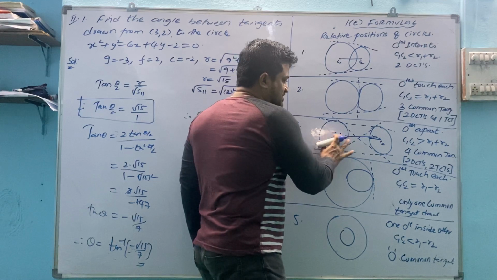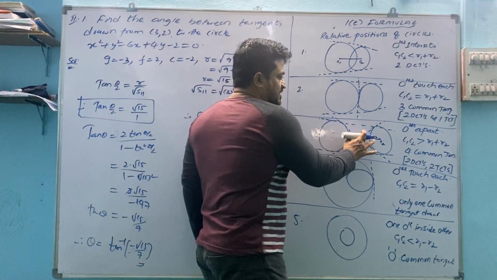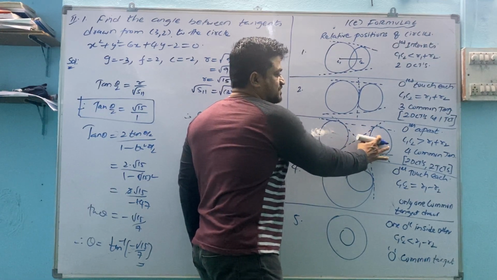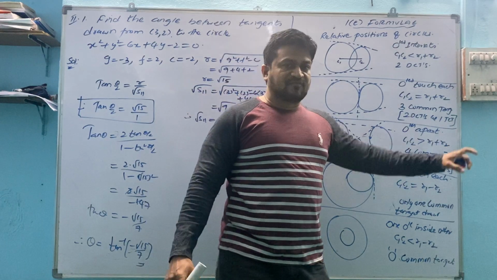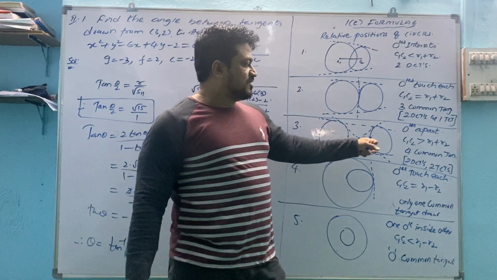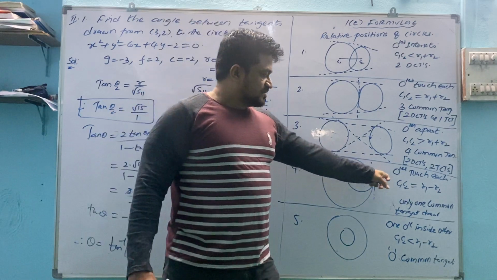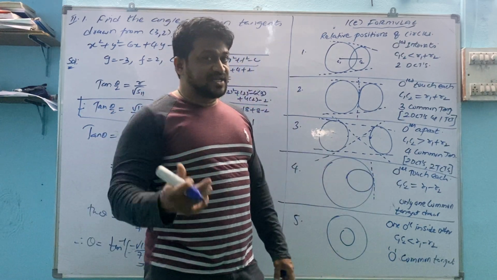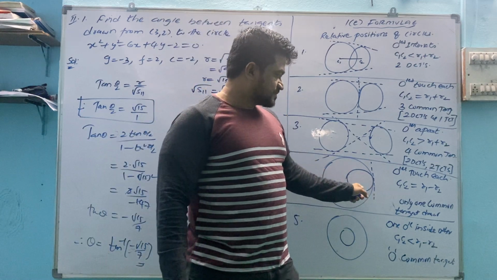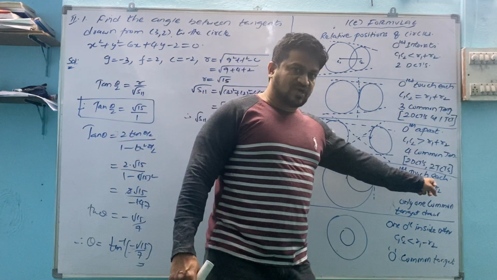Leave all these things, just remember: if C1C2 is greater than R1 plus R2, four common tangents can be drawn. Now, C1C2 is equal to R1 minus R2.